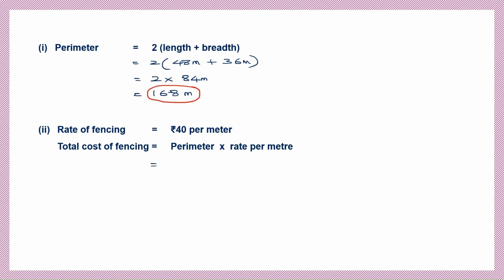So we just have to multiply 168 into 40, and that is equal to rupees 6,720. So 6,720 rupees is the total cost of fencing at the rate of 40 rupees per meter.